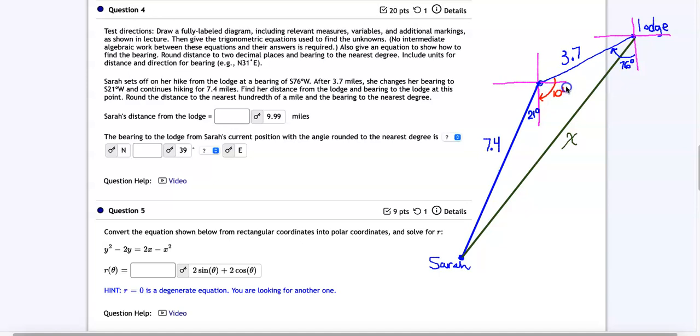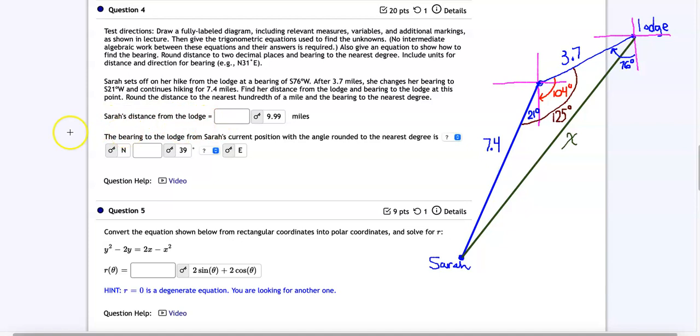So you want to include that angle as well, which would then enable you to write what the angle is that is this entire angle. And please draw a nice big diagram for the test so that your numbers are not squished. Mine are a little squished here. 125 degrees.